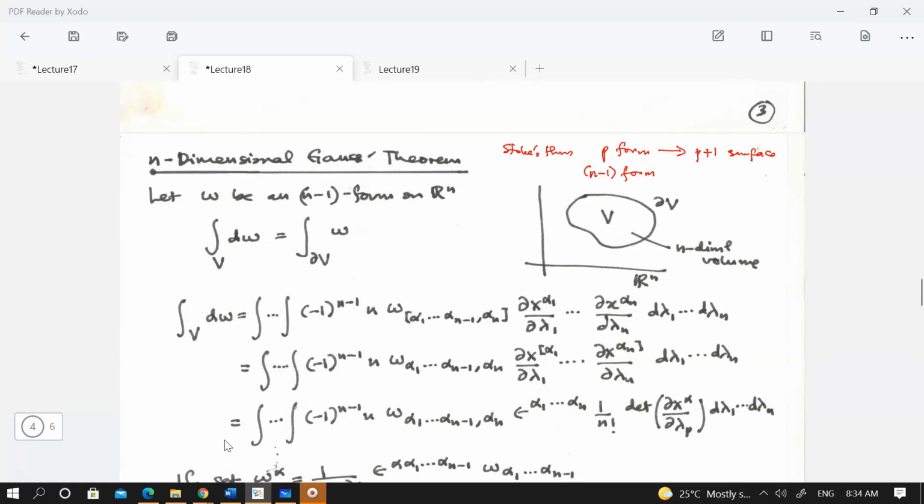If I want to integrate over Rn, then I will have to take the exterior derivative of omega. When you take the exterior derivative of omega here, it becomes an n form. An n form you can integrate over Rn. So essentially this gives you this.